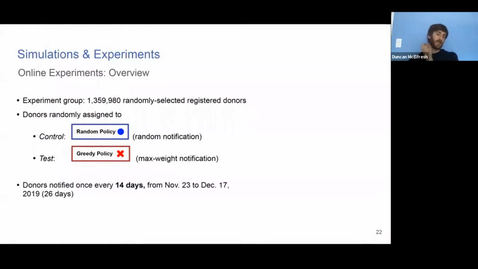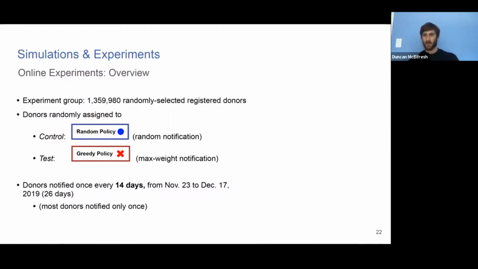These donors receive notifications once every 14 days, so there's no difference in the rate of notification. We ran this experiment for 26 days, so most donors only receive one notification.